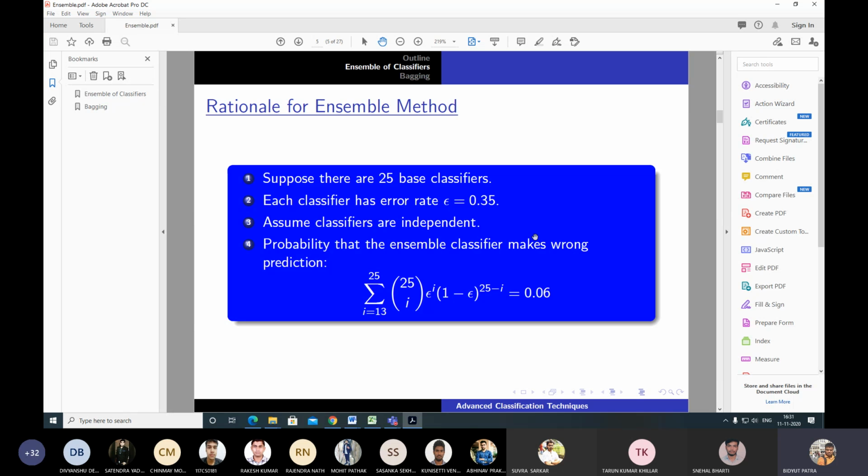What is the probability that the ensemble classifier makes a wrong prediction?